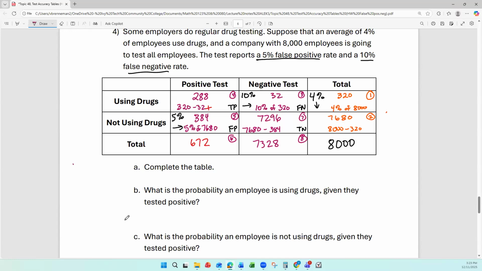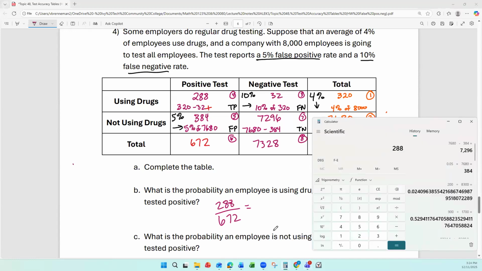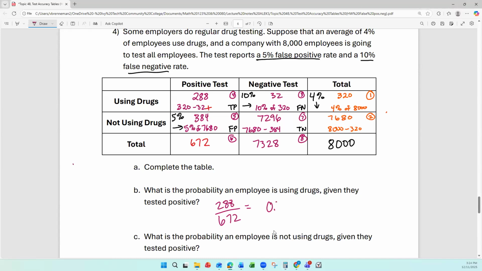All right, probability an employee is using drugs given they tested positive. So out of those 672 positive tests, 288 were actually using drugs. 288 divided by 672 is 0.43.